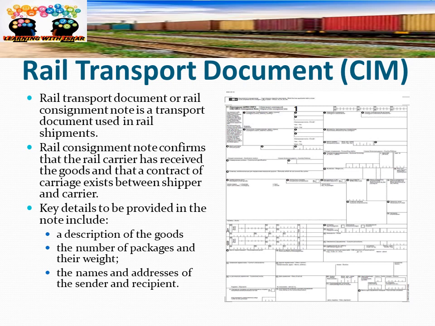Key details to be provided in the note include the description of the goods, the number of packages and their weight, the names and addresses of the sender and the receiver. So it is also like a bill of lading, but we use it for inland transportation, inland shipping.